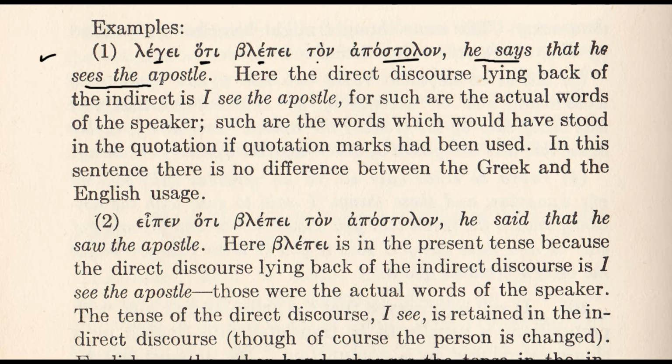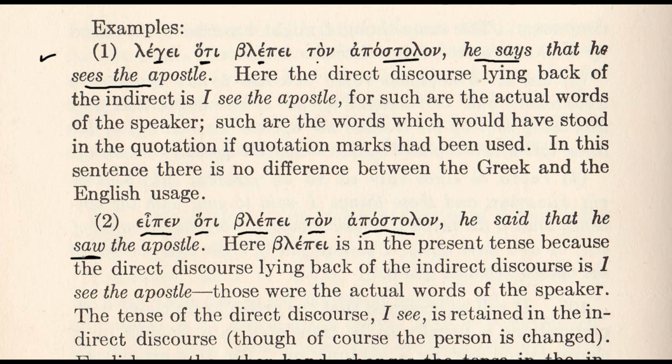The indirect discourse is introduced by this word hoti, that. In this case, he said, eipen, hoti, that, blepei, he sees, still present tense, ton apostolon, the apostle. Well, if we translate that, it's going to be he said that he saw. Notice that.